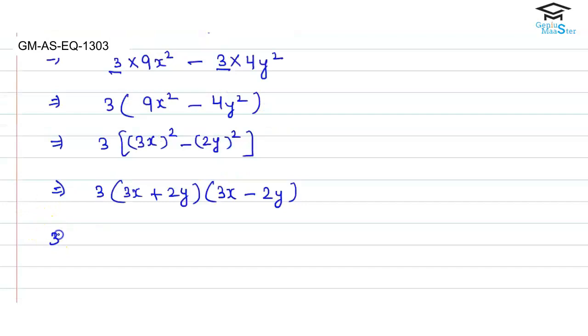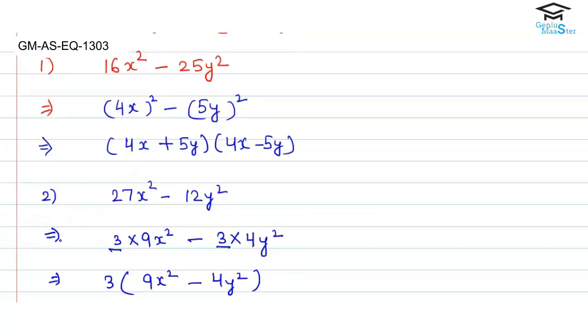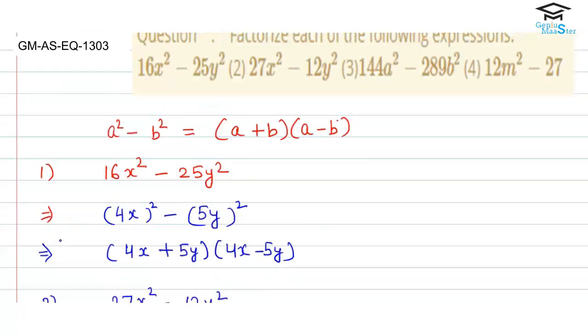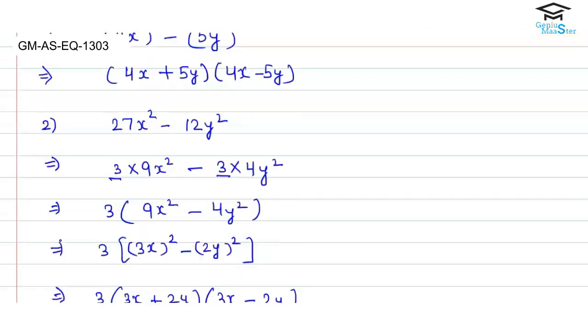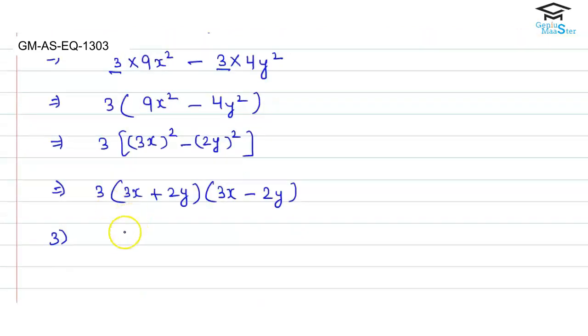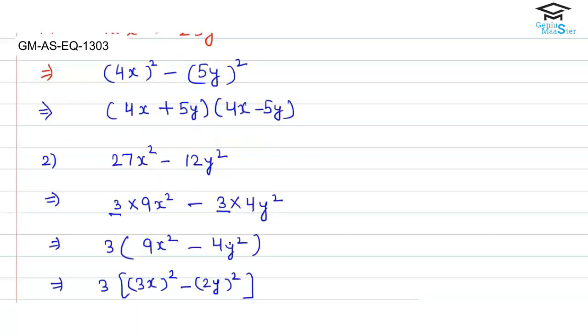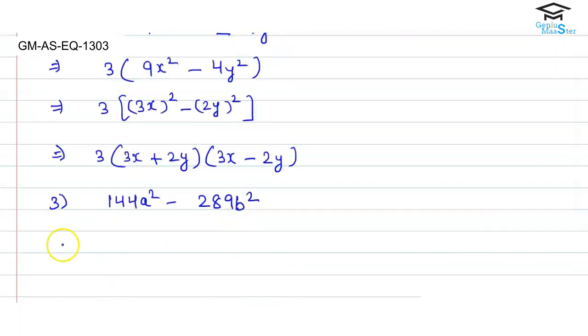Now similarly we will do the third expression. So here the third is 144a square minus 289b square. Now 144, it is the square of 12. So 12 square is 144 and 17 square is 289.